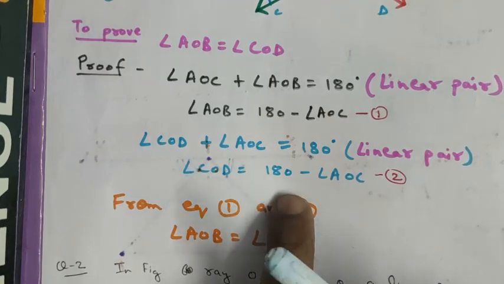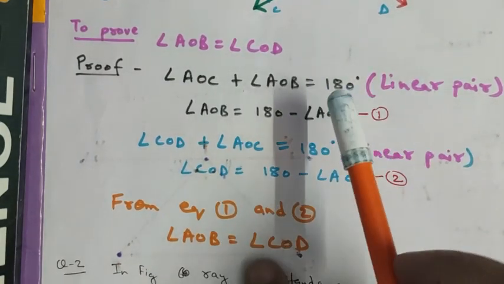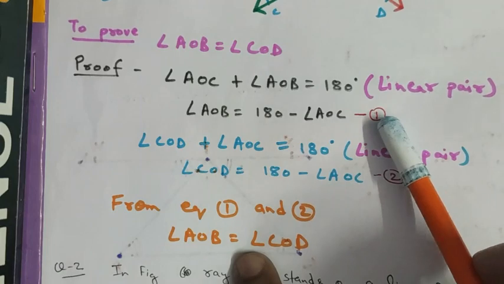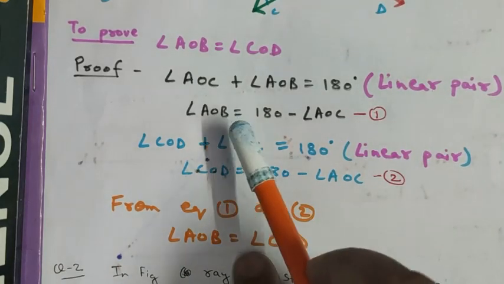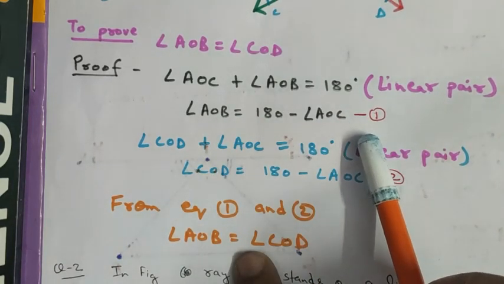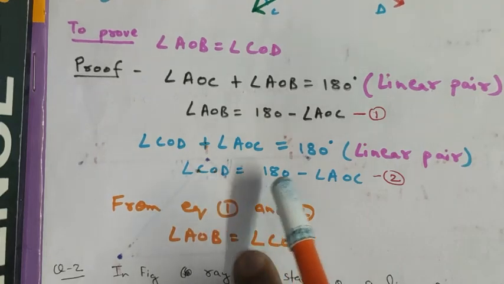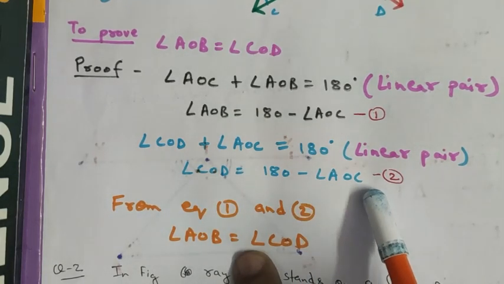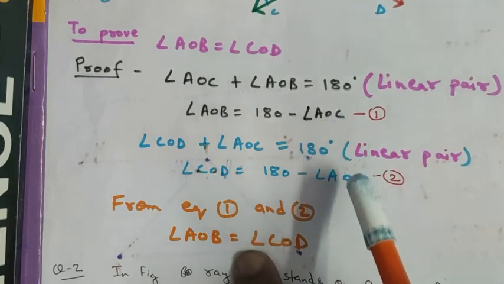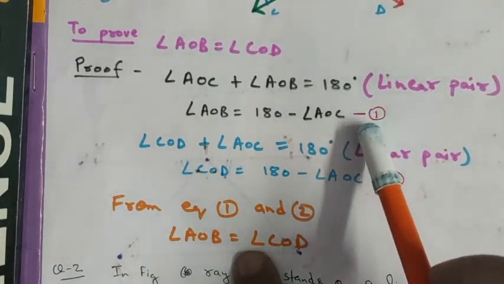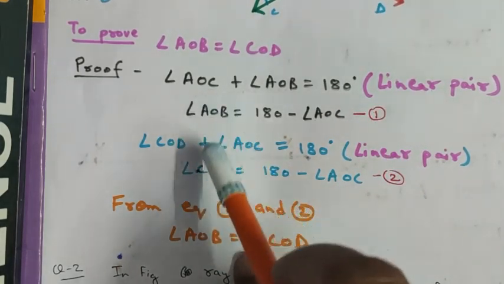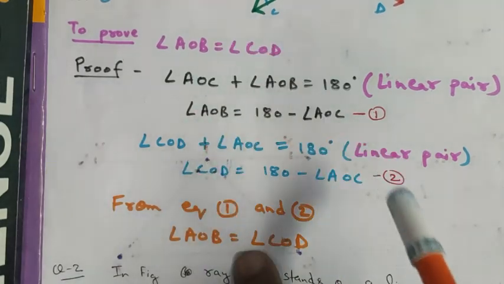Now we can see from equation 1 and equation 2, AOB is 180 minus angle AOC, and COD is also 180 minus angle AOC. Since the right hand sides of these two equations are equal, the left hand sides of the equations will also be equal.